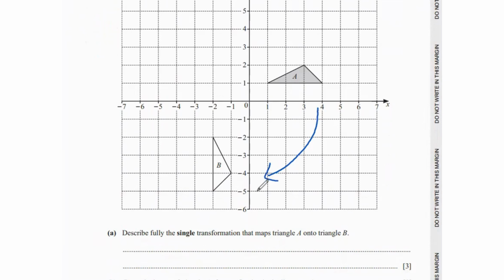And for the center, it seems like it's going to be -2 and 1. Because if we look at the position of this point is 3 units horizontally from the center.